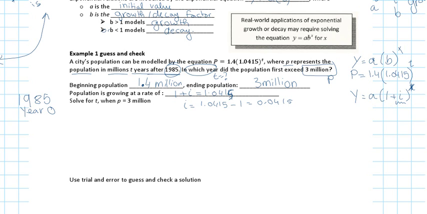You times it by 100. So if I multiply this by 100, that gives me 4.15%. So that means my rate is 4.15. Now, in this case, I don't really have to do this. The question is just asking me to, as a step, but you don't have to find it.